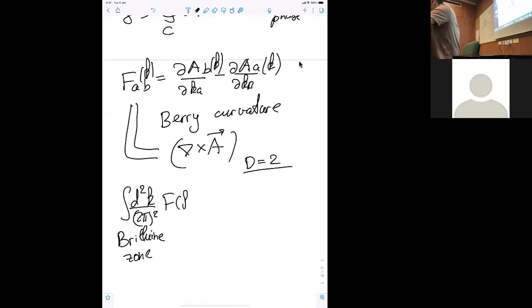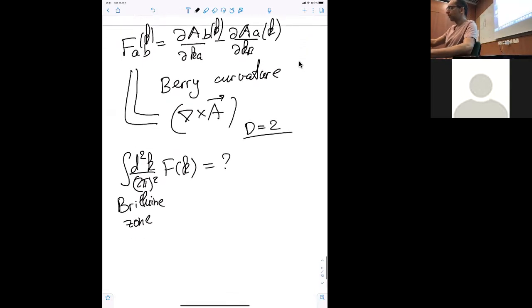So this would be an integral over the Brillouin zone of F of k, and then the question is what this object is. Now, normally when you have an integral of a curl, there is a theorem that says that it must vanish. However, that's because when people compute an integral of a curl, they assume that the manifold on which they compute is simply connected. If it's a simply connected manifold and it has trivial topology and no holes in it, then this thing is indeed zero.